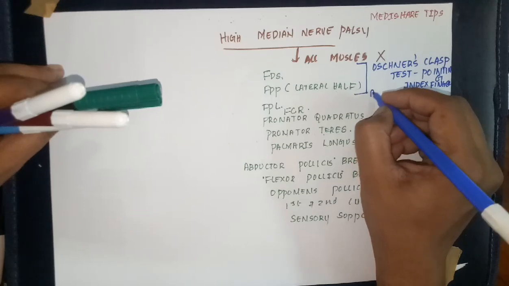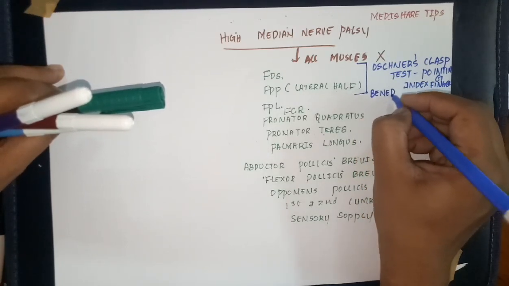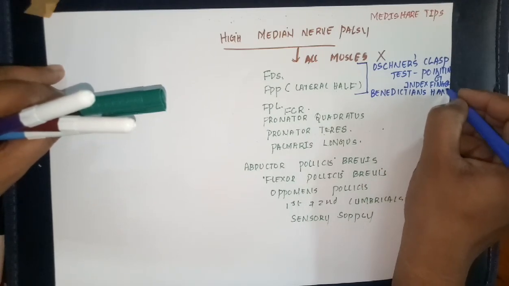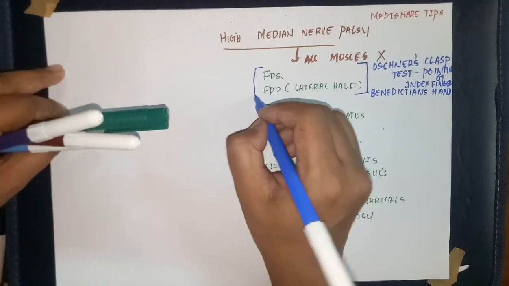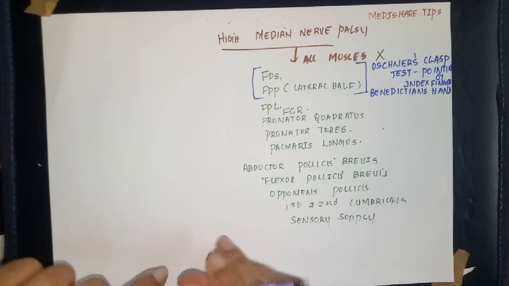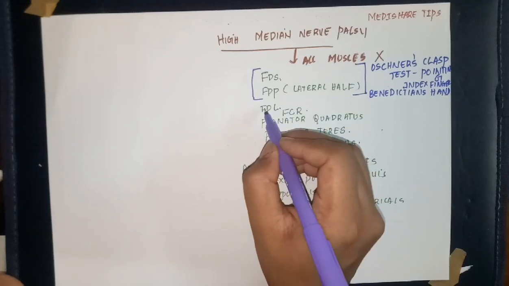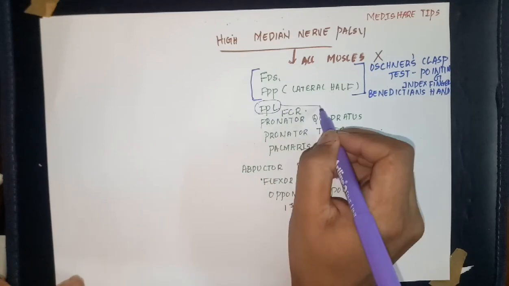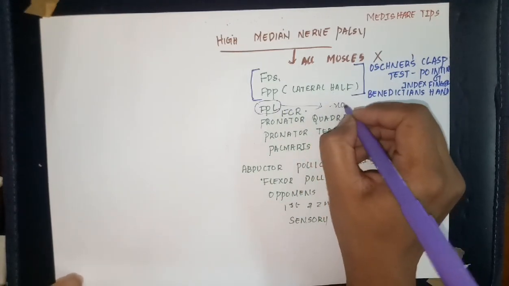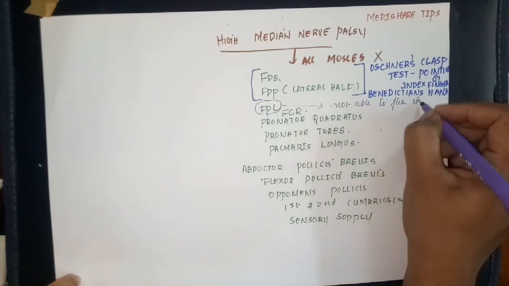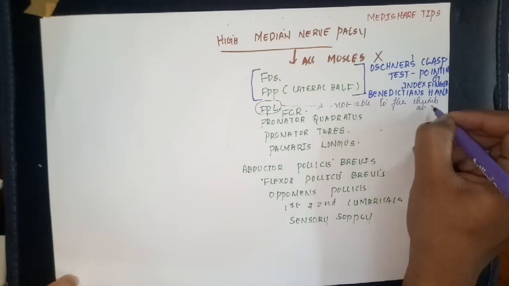And there will be benediction hand due to paralysis of these muscles. As flexor pollicis longus is affected, we will not be able to flex the thumb at the distal phalangeal joint.